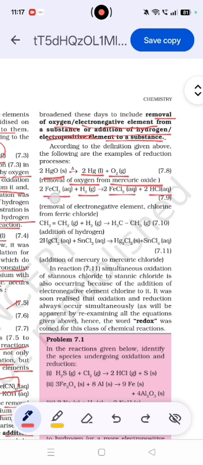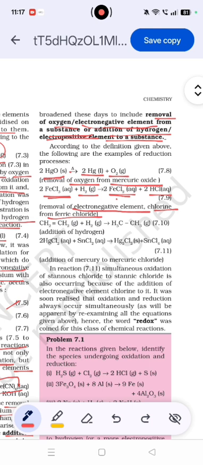In this one, when FeCl3 becomes FeCl2, an electronegative element is removed. That is chlorine from ferric chloride, and it becomes ferrous chloride. So, electronegative element removal, like removal of oxygen, are examples for reduction.